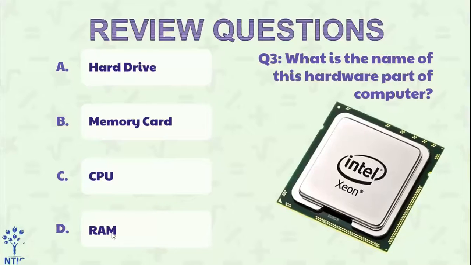This is the CPU. After this lesson, if you see this device, you will know that it is a CPU. A very famous CPU company is Intel. Now, let's go to the next slide.